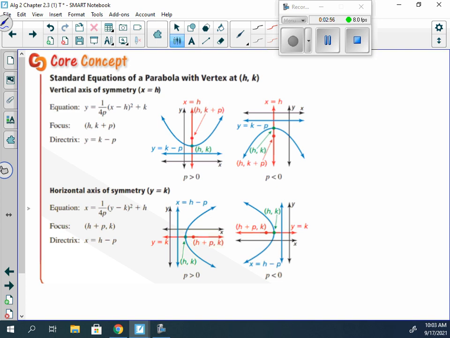And for either one of these, the vertex is still h comma k. It'd be good to write the axis of symmetry.